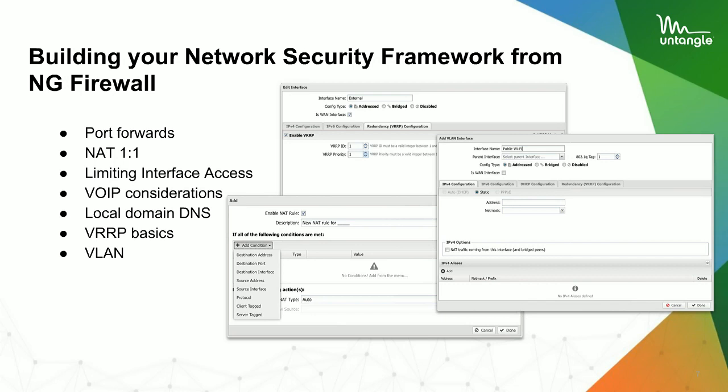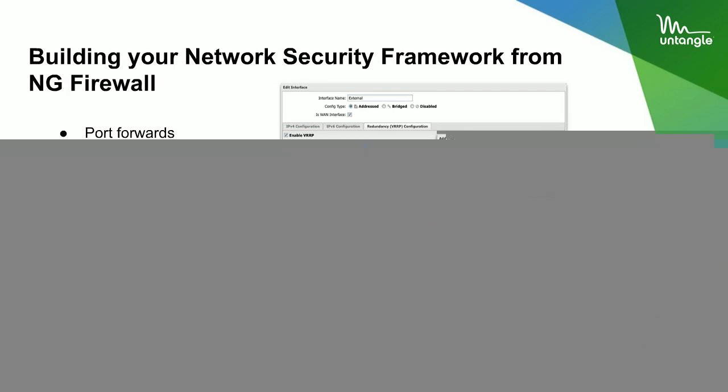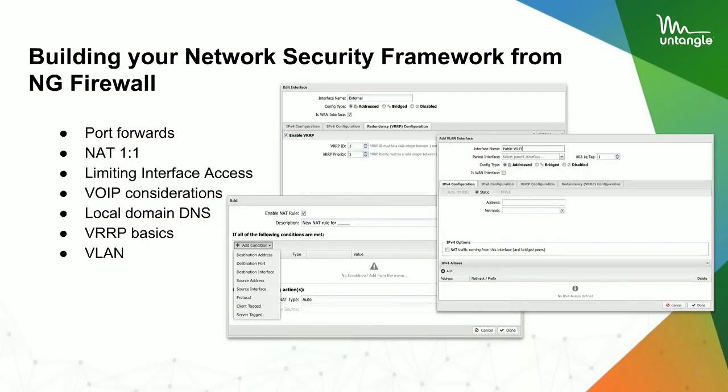Some items that we do provide: port forwards, limiting interface access, one-to-one NAT, local domain DNS, VLANs, VRRP, as well as having the ability to take into consideration voice over IP or other protocols that may need special handling.